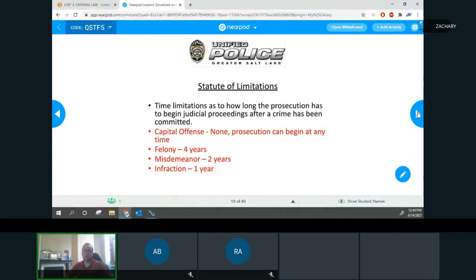There's no time limit. So that's why they have those cold cases that you see on TV, where they say this was 30 years ago, new evidence has popped up, and they find who the murderer is, right? A felony, if you committed that, it's a 4-year period. A misdemeanor, 2, and an infraction would only be 1 year.